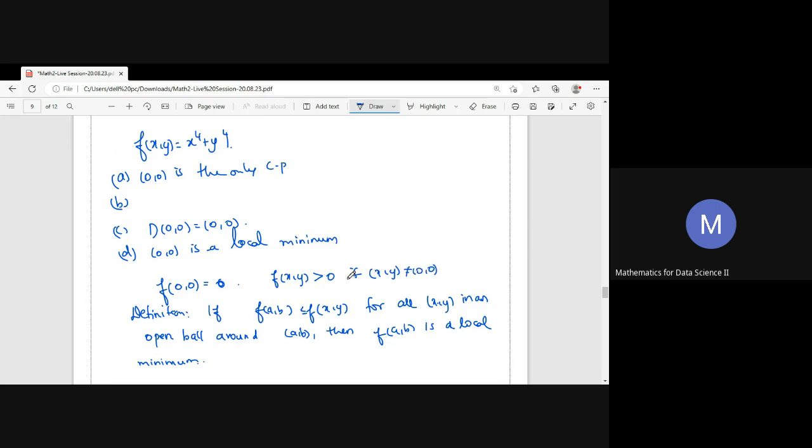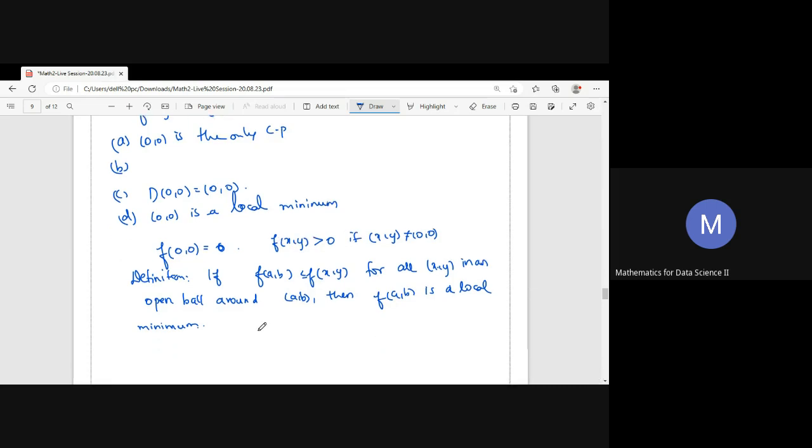Any other vector you take, f of x comma y is strictly positive. It means your f of 0, 0 is less than f of x comma y for all x comma y other than this point. So it is in fact a global minimum. So we are using the definition here.